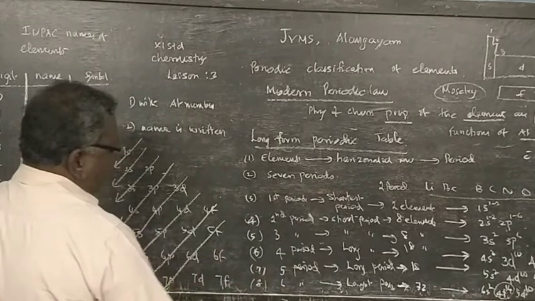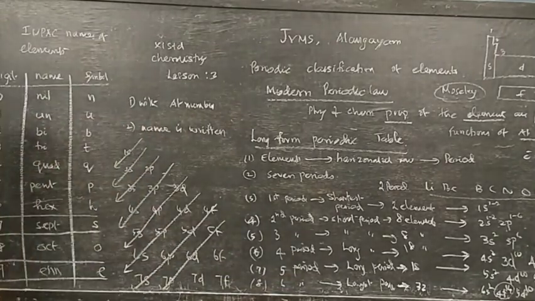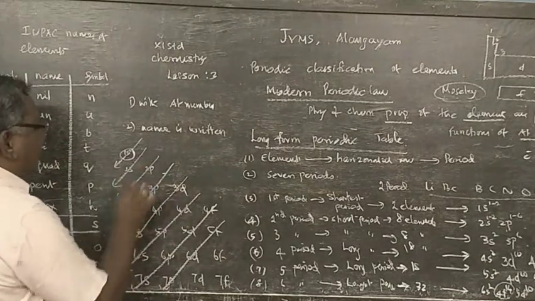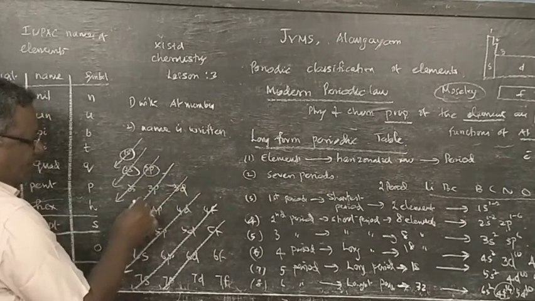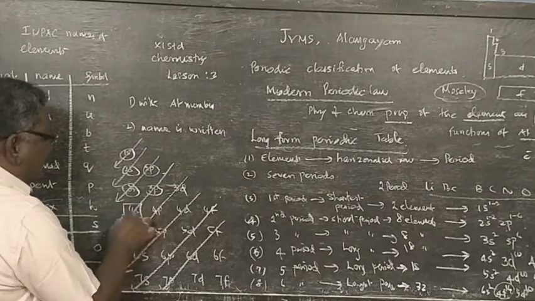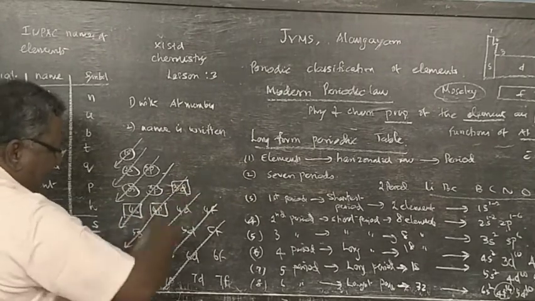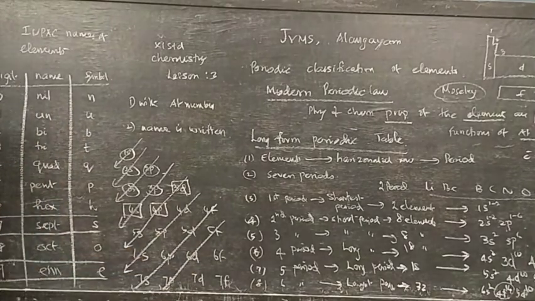If you forget this while writing the last 3 periods, it is better to use this. First period only 1s, second period 2s and 2p, third period 3s and 3p, fourth period 4s, 3d and 4p. Like that it will go. You can check with this diagram also, if you want.